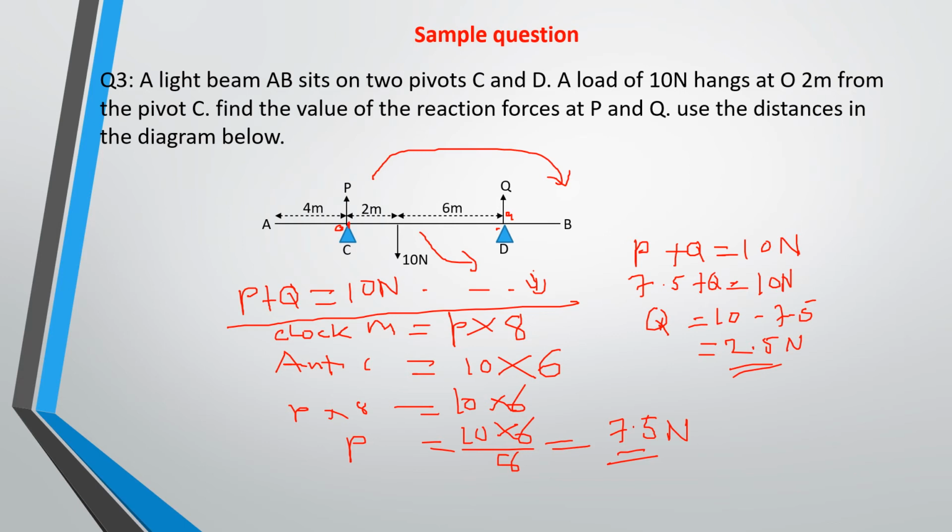If we take moment about P, our clockwise moment will be this, and this will be our anti-clockwise moment. If you work that out, you will still have the same answer.